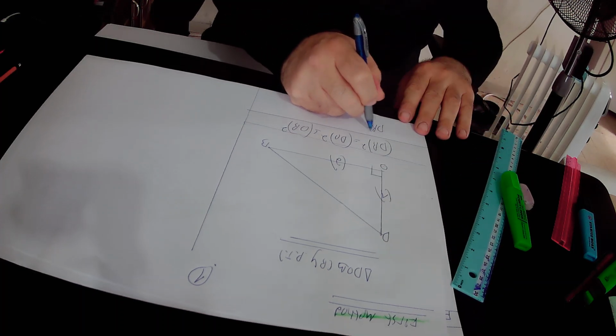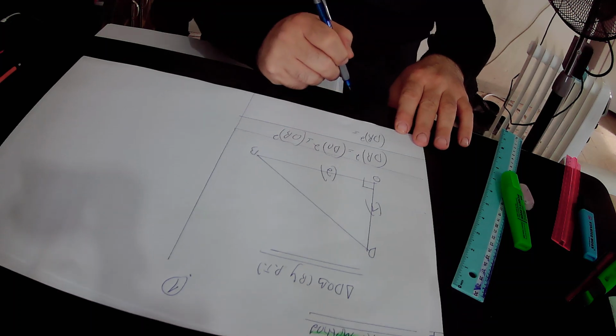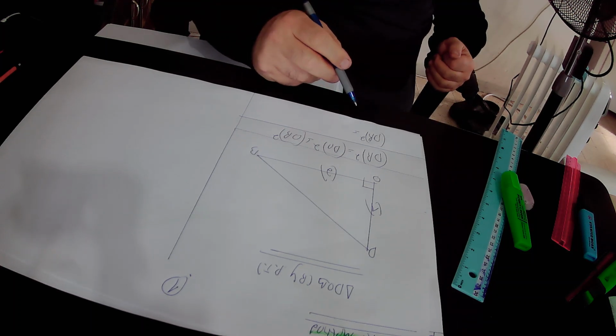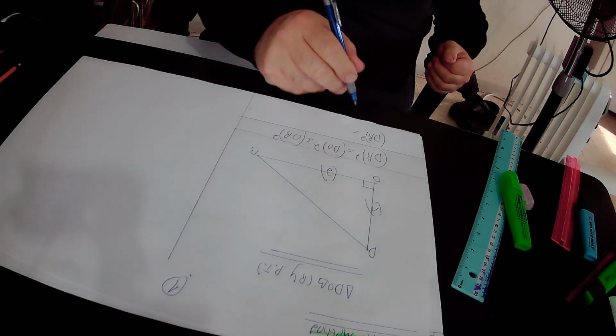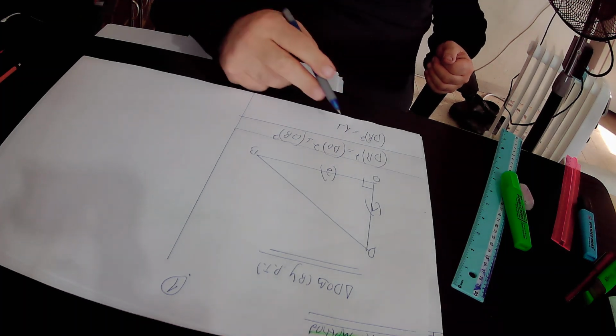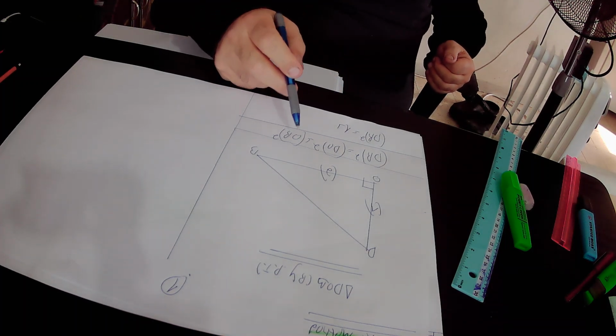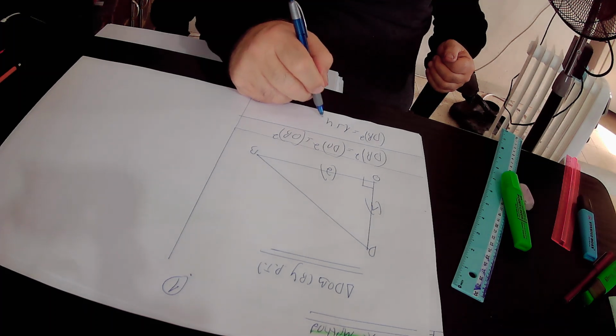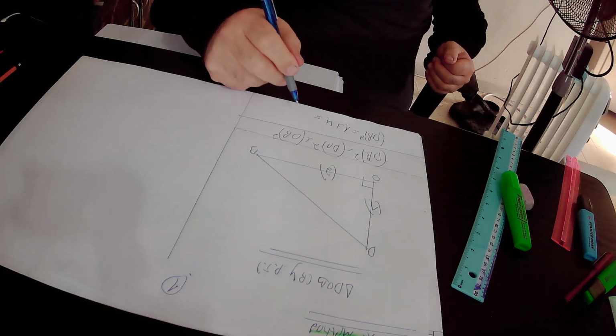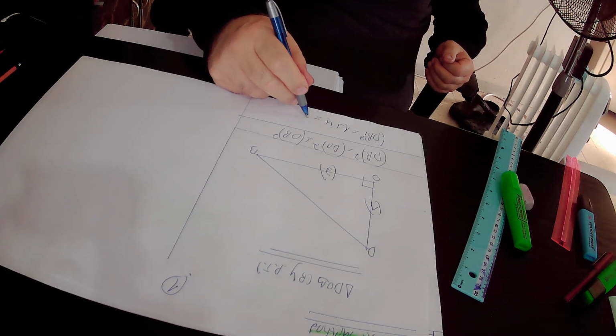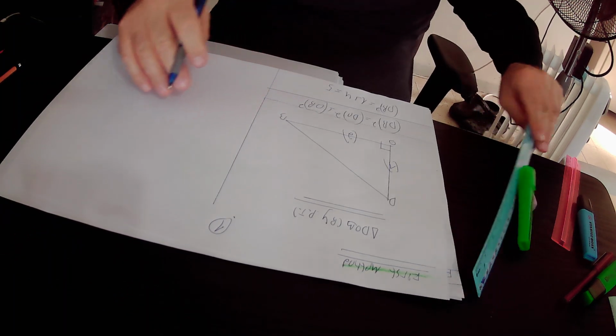So DB square equals DO square. DO is 1, therefore DO square is 1 square, that is 1, plus OB square. OB is 2, therefore OB square is 2 square, that is 4. So in total, DB square equals 1 plus 4, that is 5. DB square equals 5.